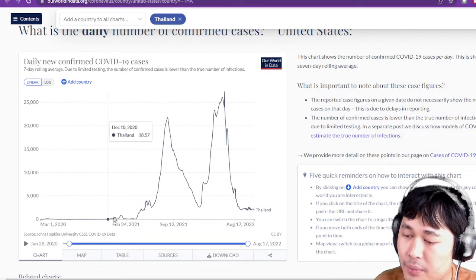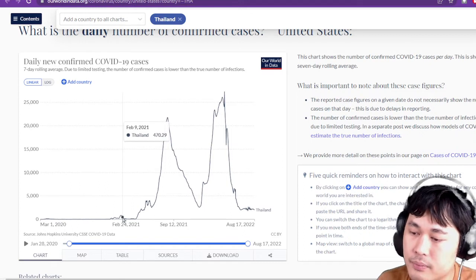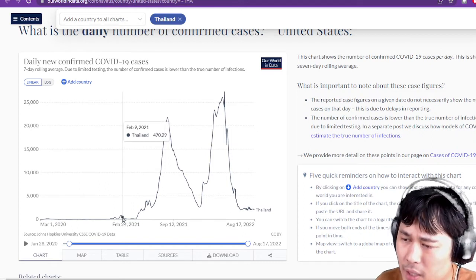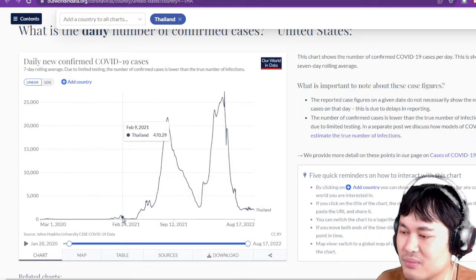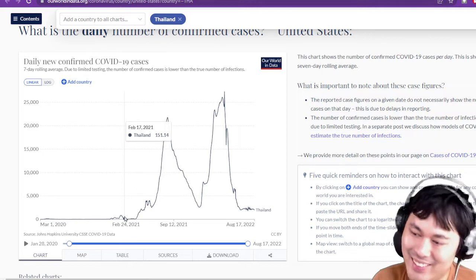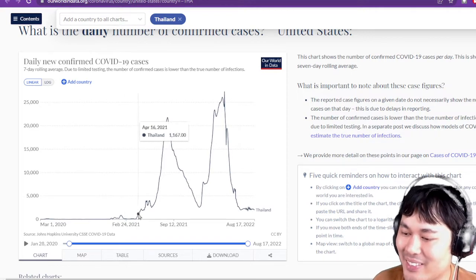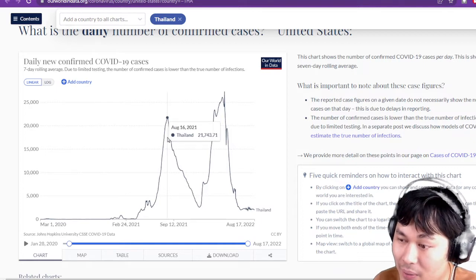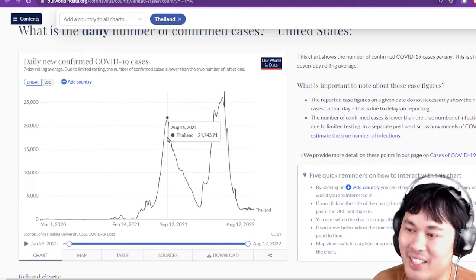At this point, let's say February 24th, the number of cases is 470.29. 0.29 means average, I guess. But you can see it increase. This first peak was at August 16. Oh, that was a year ago.